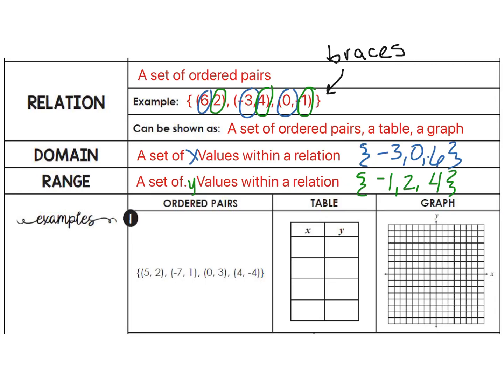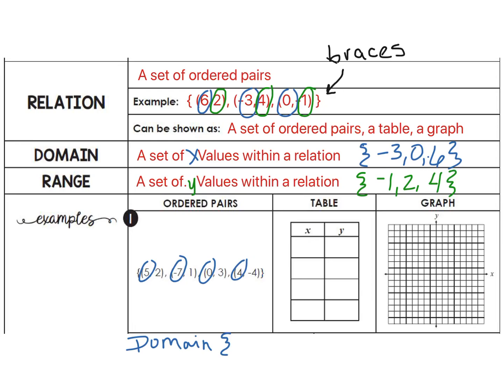Okay, let's look at our first official example down below, starting with identifying the domain and range in the first one. So I'm going to circle all the domains, 5, -7, 0, and 4. And then I'm going to list them in numerical order.